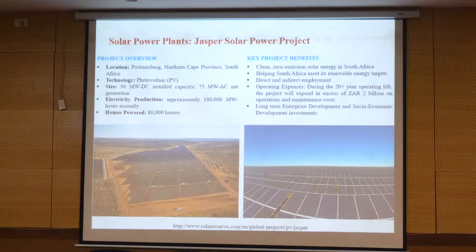So for India, you should consider that your country is a rich country. You have a lot of natural resources that can be used, especially from the PV. Then why not?